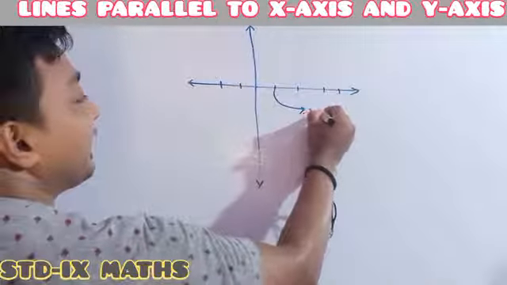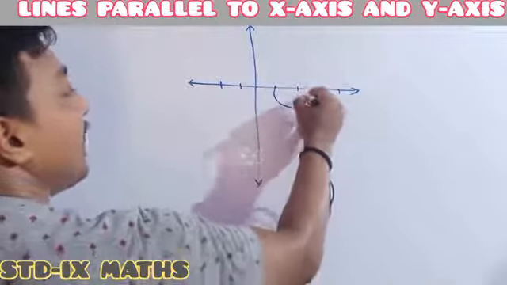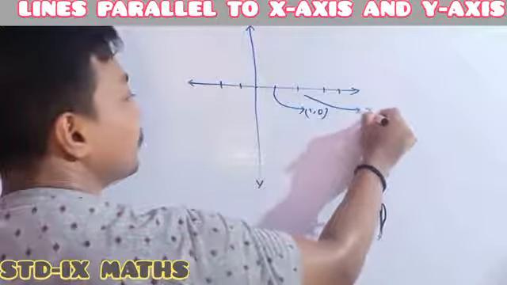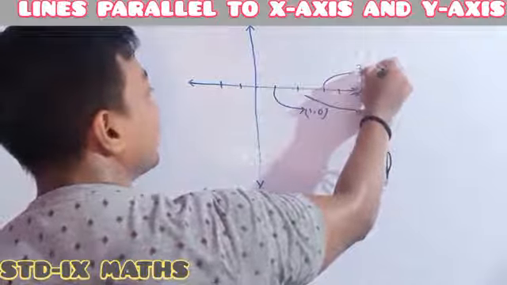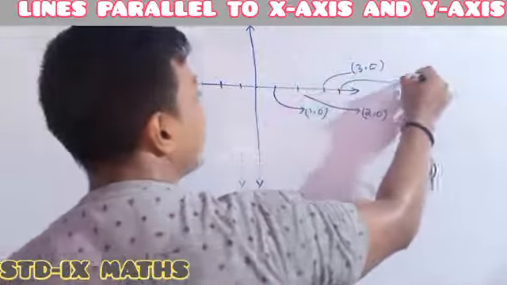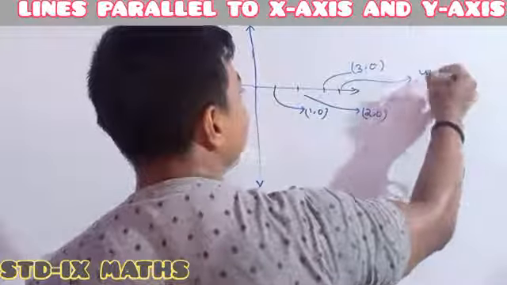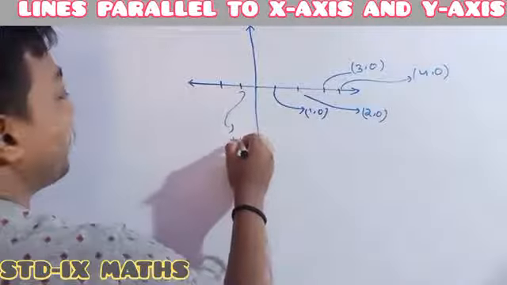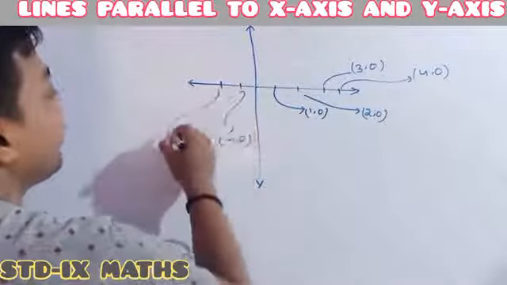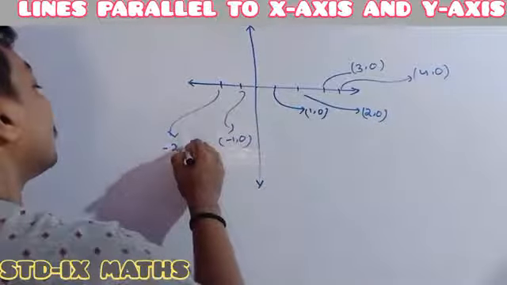Their coordinates are (1, 0), (2, 0), (3, 0), (4, 0), (-1, 0), and (-2, 0).